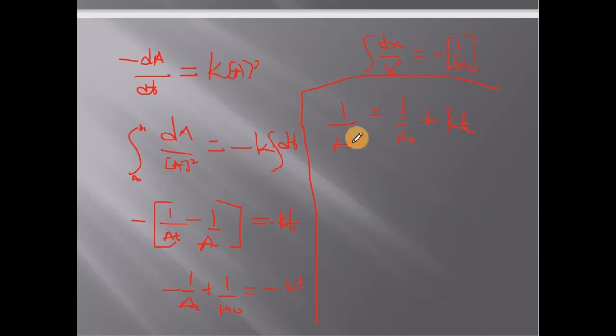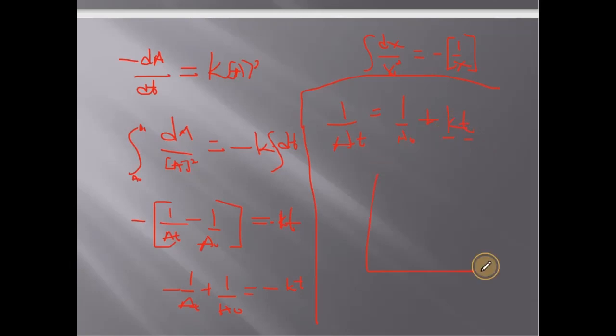So for a second order reaction, it means that when you plot a graph of 1 over At, that is the inverse of the various concentrations of the reactant at different times, against time, you are going to have a positive slope.